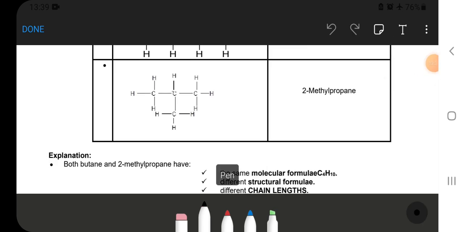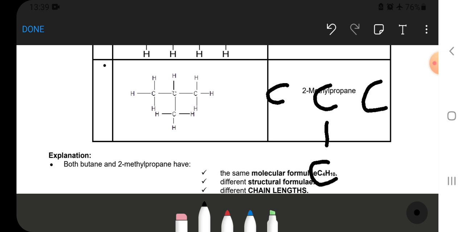Now this one here is no longer a main chain. It's not part of the main chain. If you look at it closely, we have C, C and C, and then we have another C here.